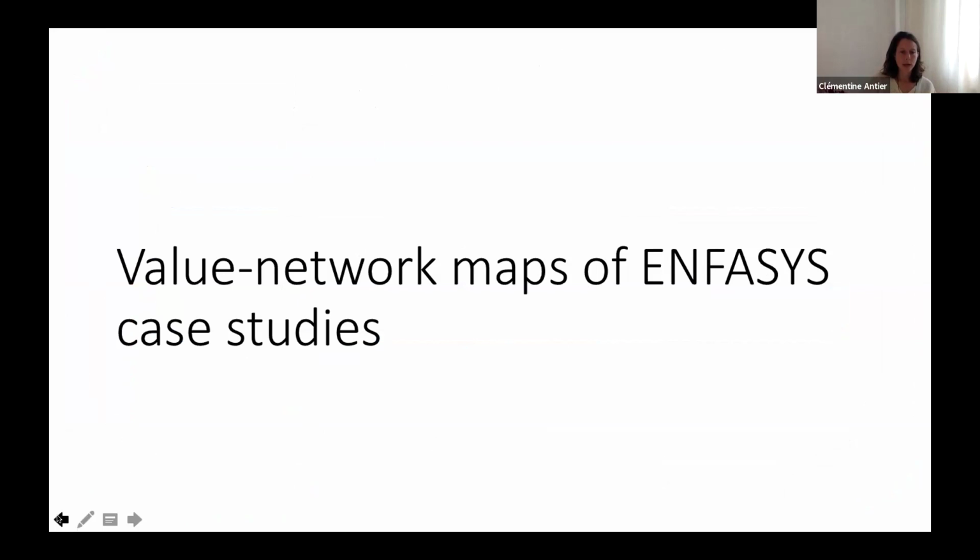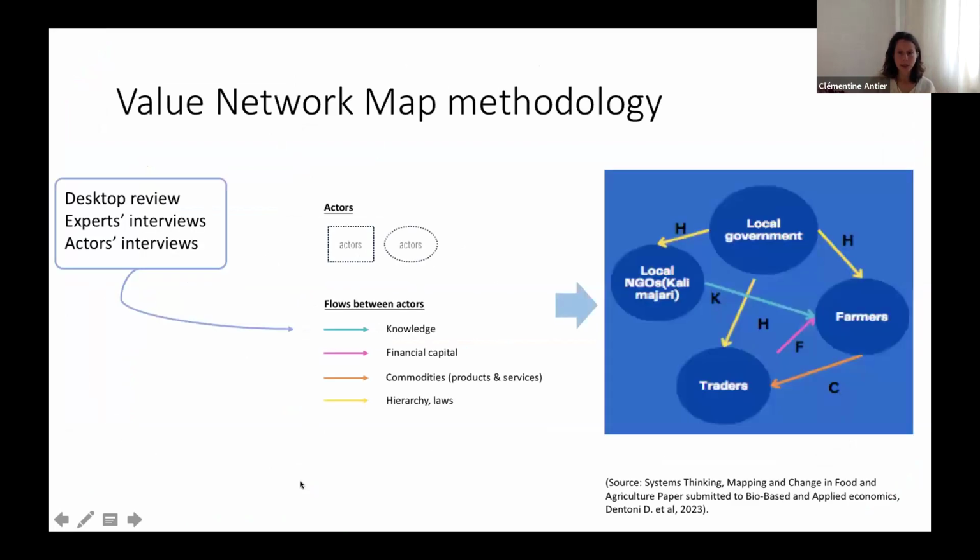So you had more of a list of the actors, but case study coordinators also not only listed the actors, but introduced them into a value network map. So the sources are the same as previously.